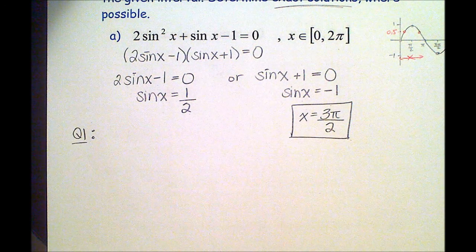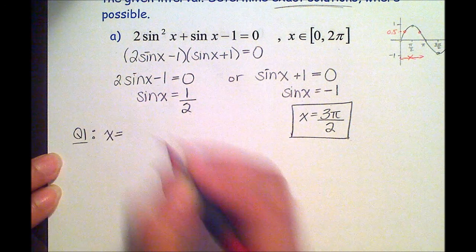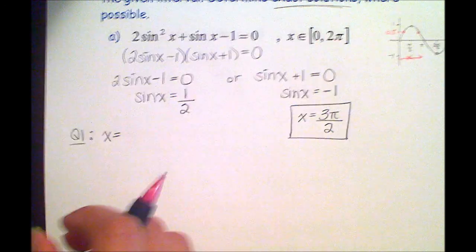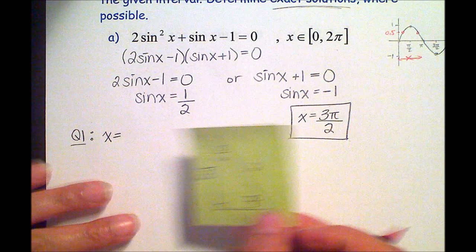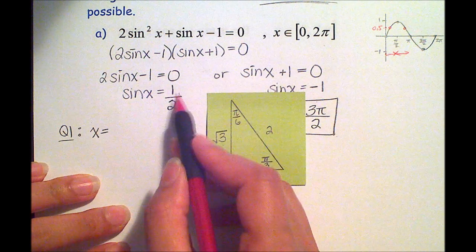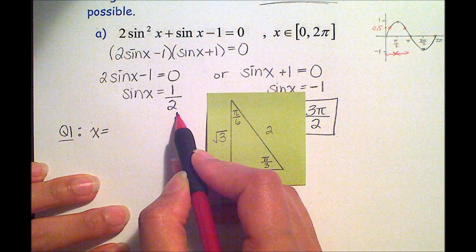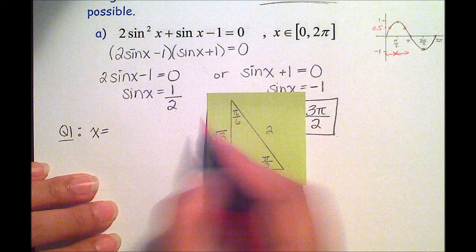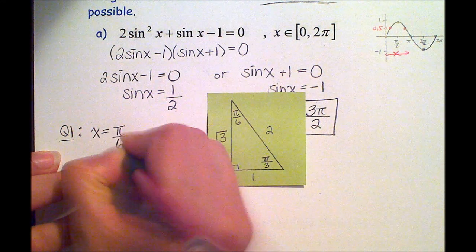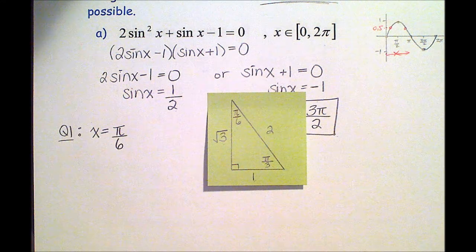Now in quadrant 1, x is going to be equal to whatever your special triangle angle will be. We'll look at that based on our special triangle. We had said earlier, we have an opposite side of 1 and a hypotenuse of 2. So opposite to 1 is pi over 6, and there's a hypotenuse of 2. So x is equal to pi over 6 in quadrant 1.